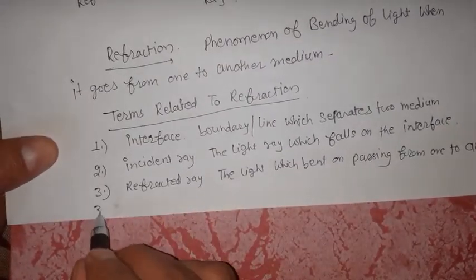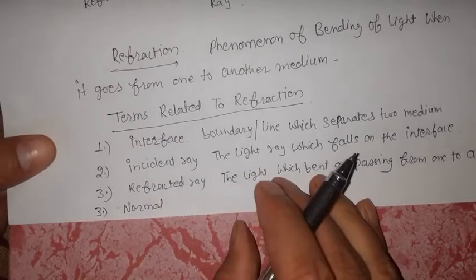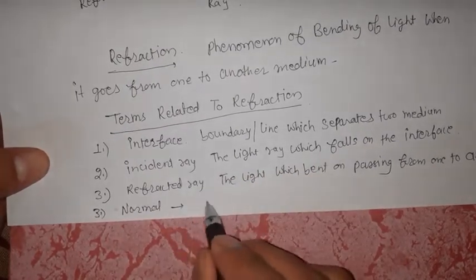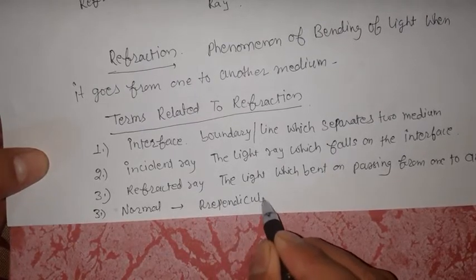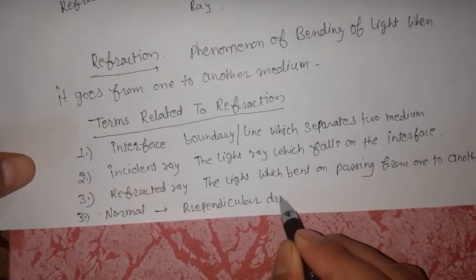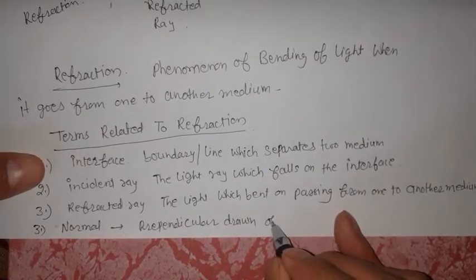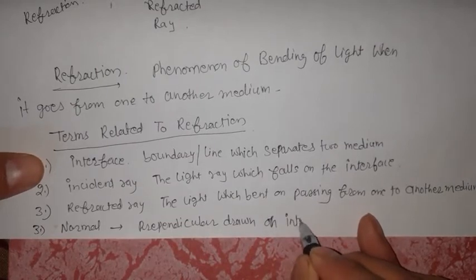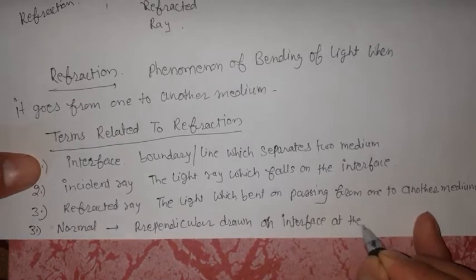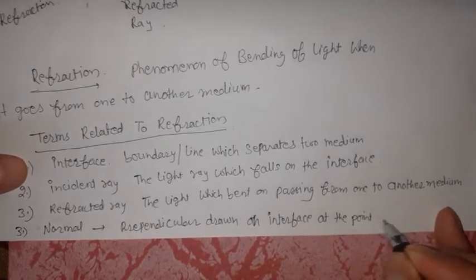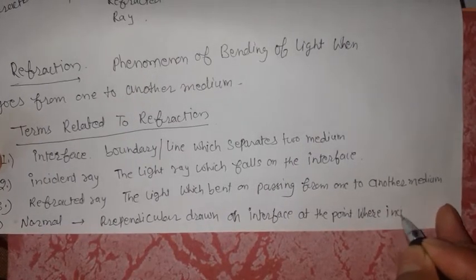Now the next thing is the normal. What is this normal? It is a perpendicular drawn on the interface at the point where the incident ray falls.